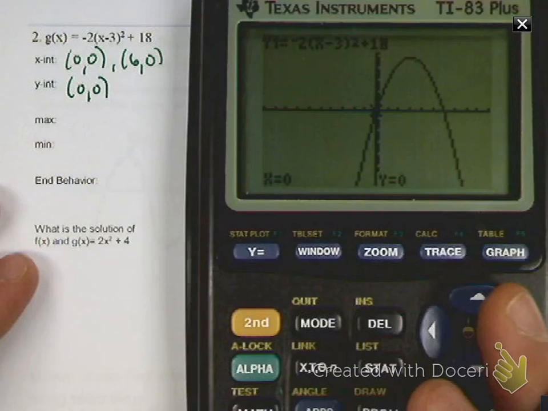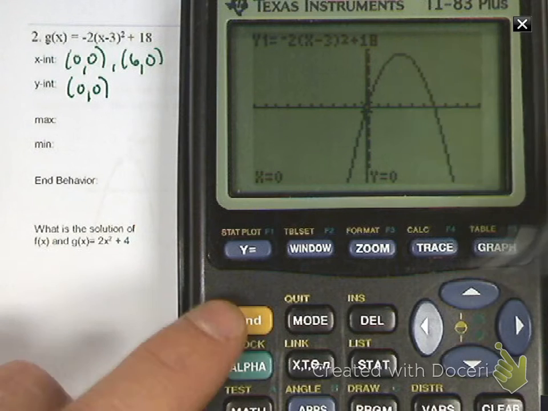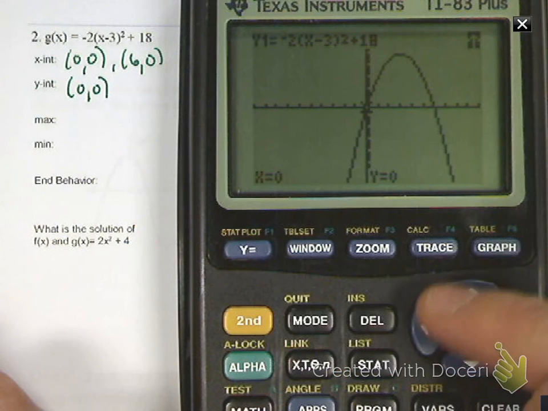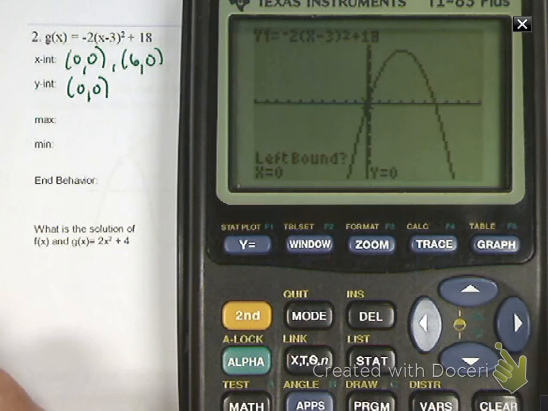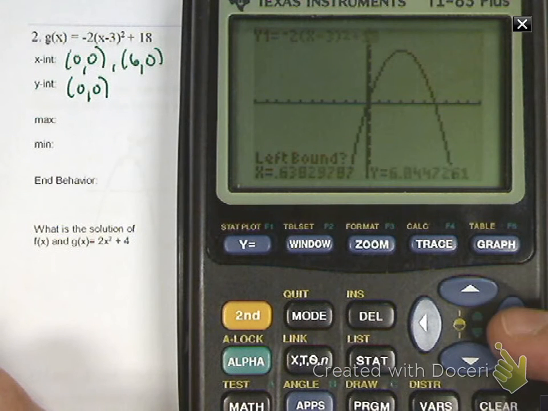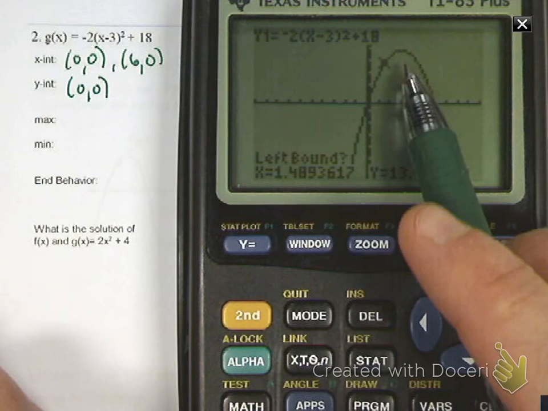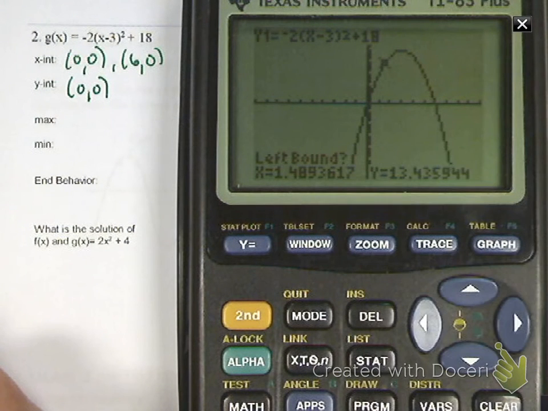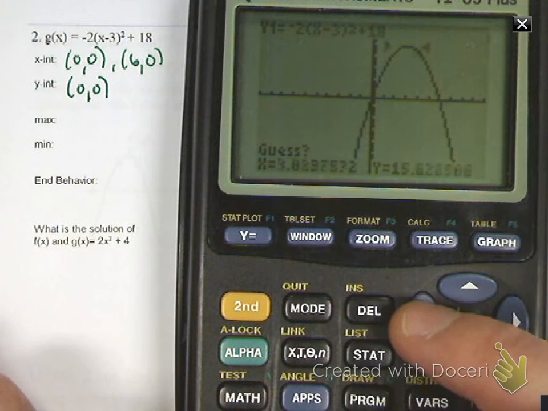The maximum. I see a maximum right here. So I press second calc, number 4. I arrow to the right, and I make sure my cursor is just to the left of the top of the hill. I press enter, and I move the cursor to the right of the hill, press enter, and then I go to the top of the hill and press enter.